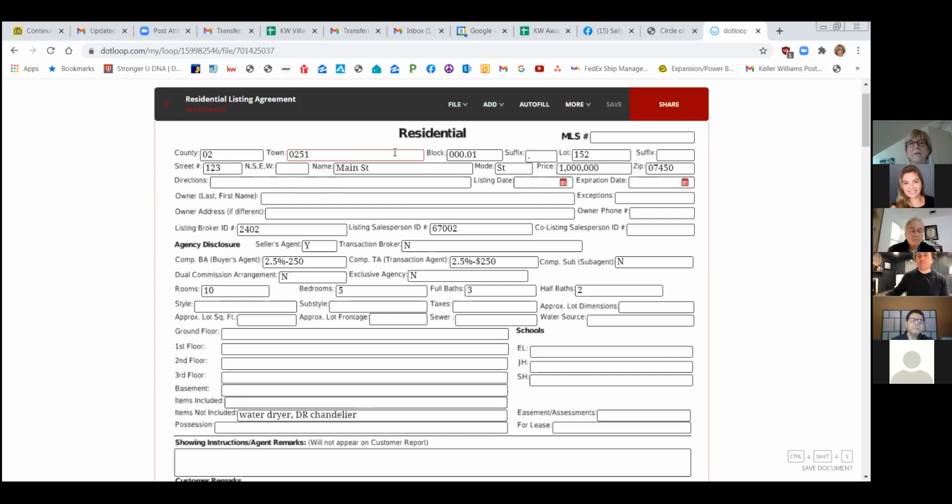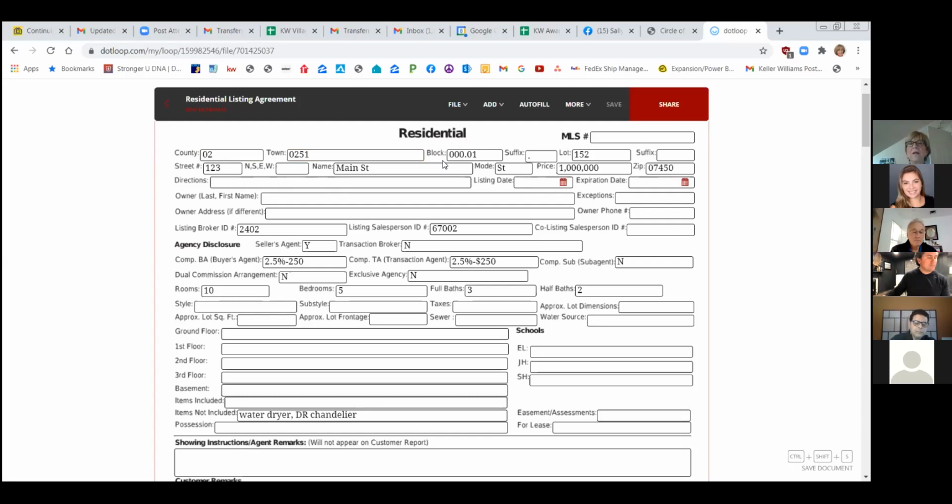When you're doing a listing, you would be well served to pull up a copy of their tax record, which again, you can get from the MLS. You can do a search for it. You can do what's called a tax search. That's one of the categories under search in the MLS. And you're going to pull up their tax record.